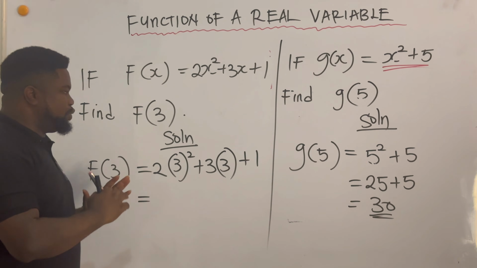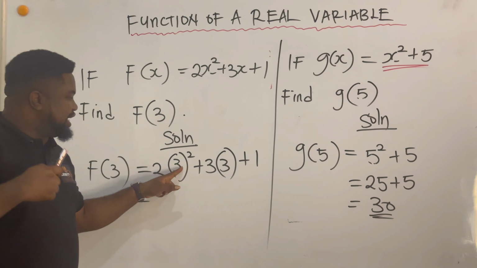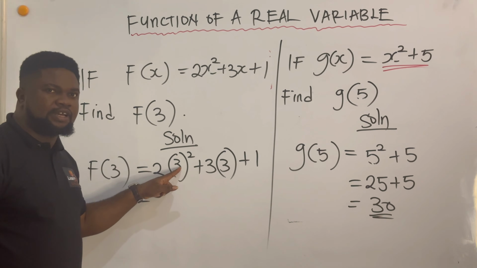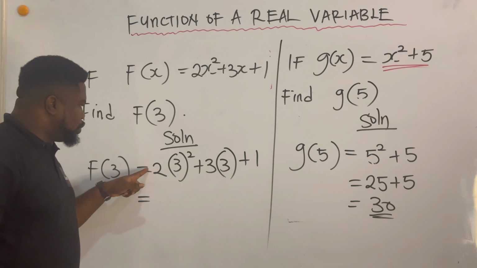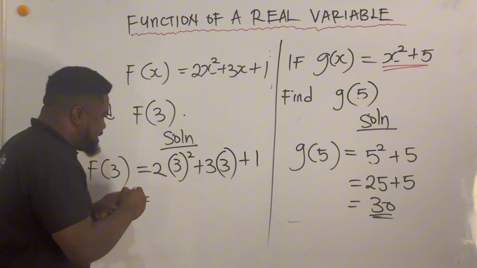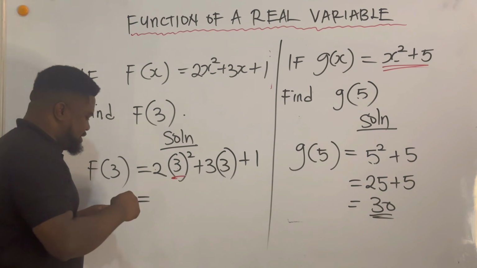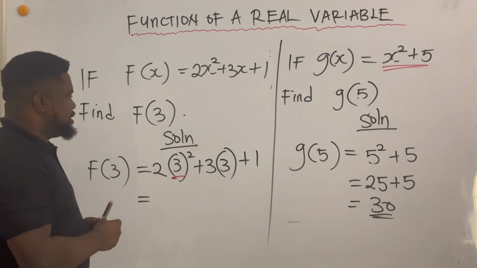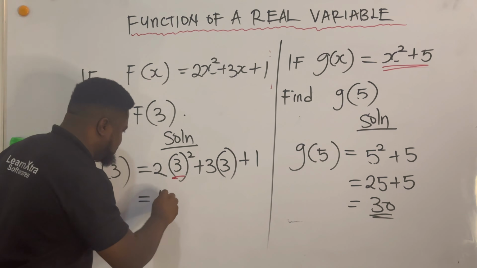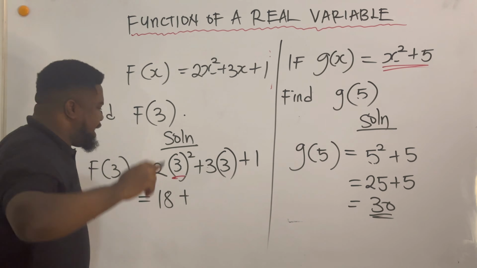Let's do the bracket first. 3 squared means 3 times itself, and that's 9. 2 times 9 is 18. Plus 3 times 3, 9.